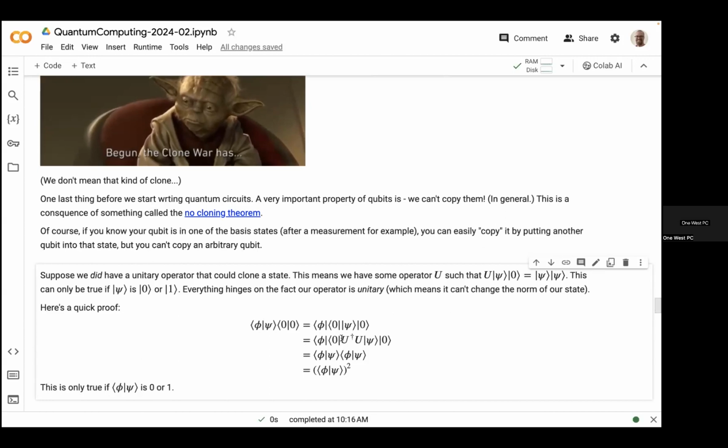And then my copy operation acts to the left and then to the right. This turns into phi psi, which is phi psi squared. So it's like saying that this copy only works if these are also 0, 0, or 1, 1, because for this to be equal to itself squared, you need it to work out that way.